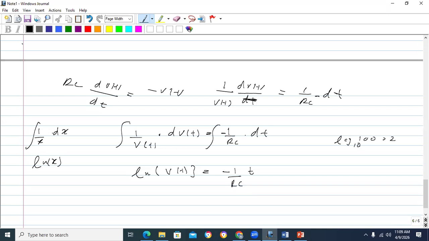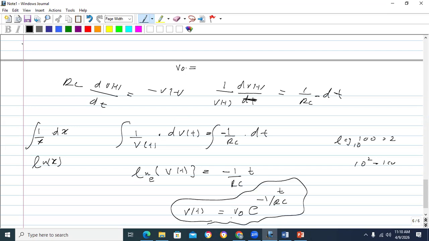That means 10 to the power 2 is 100. Here actually the base is e. So that means e to the power minus t over RC is equal to V(t), but the initial condition is there. V naught is there. So once you apply the initial condition, this should be V naught. Okay. So in this way, you can solve the differential equation.